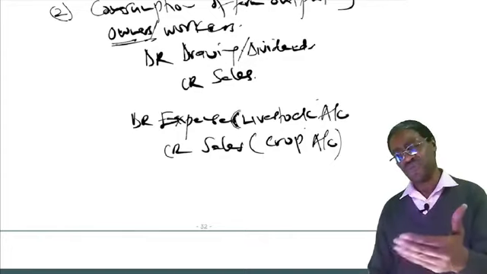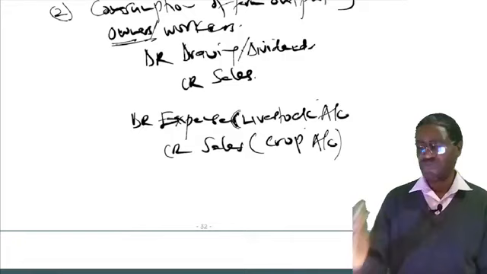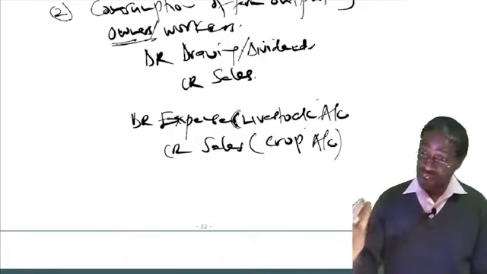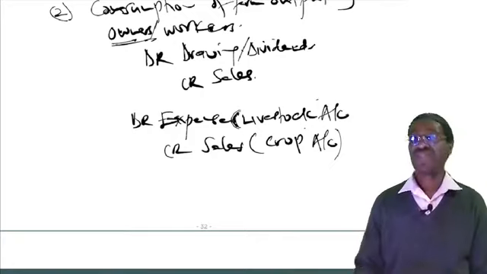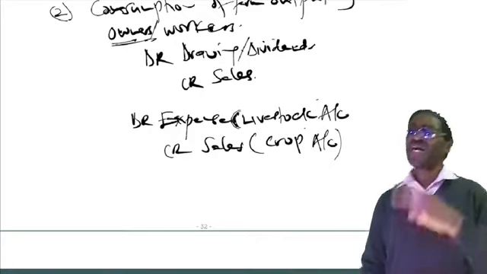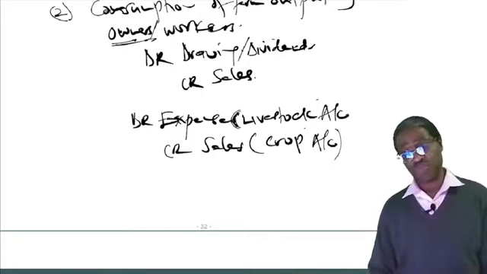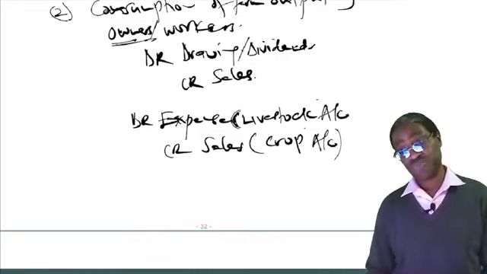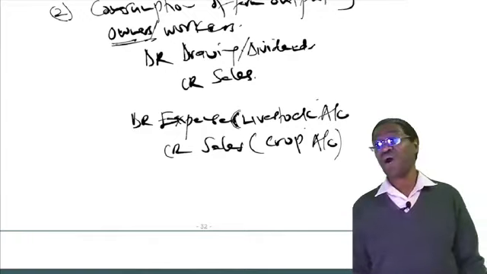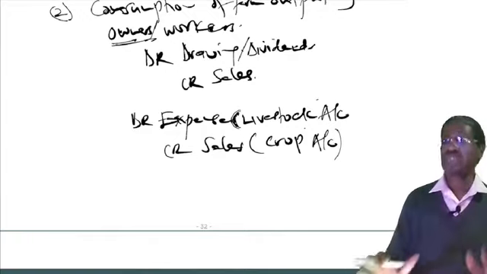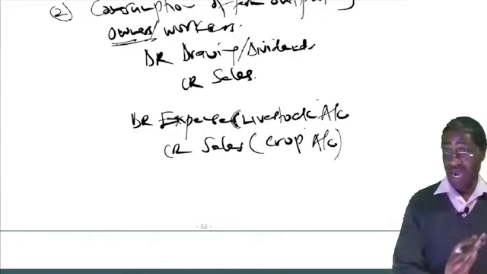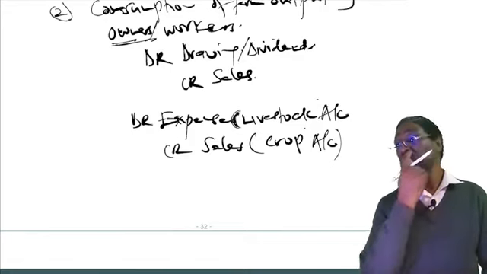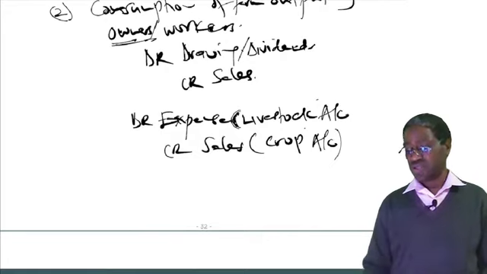If you take manure, for example, it comes from livestock, that becomes a revenue to the livestock. But it's an input in the crop, that becomes an expense of the crop. So whenever you have inter-category activities, you look at where the item is coming from. That's a revenue. Where is it going into? That's an expense. Good. Let's put it that way.